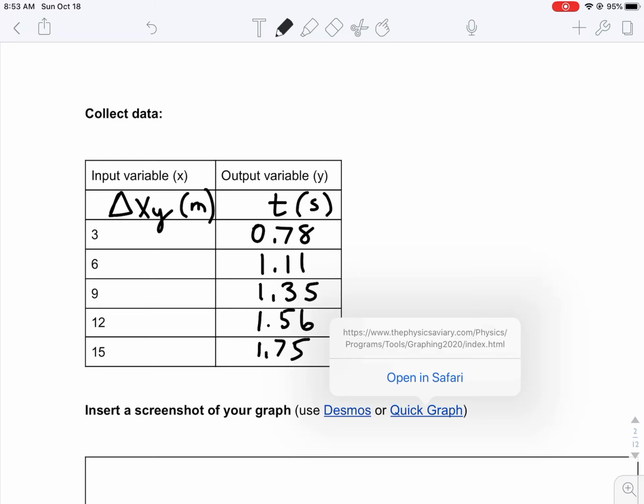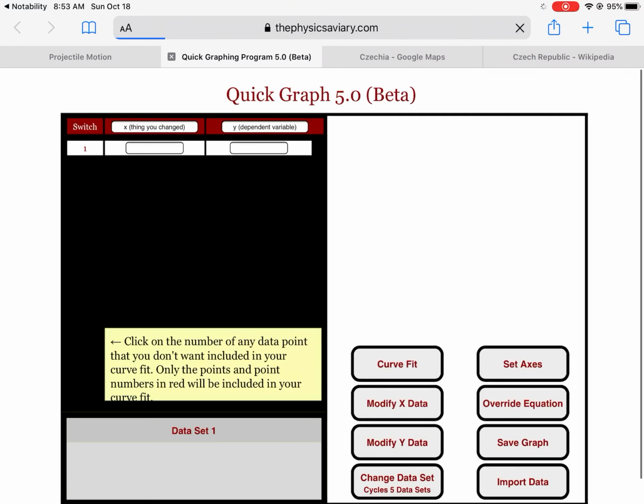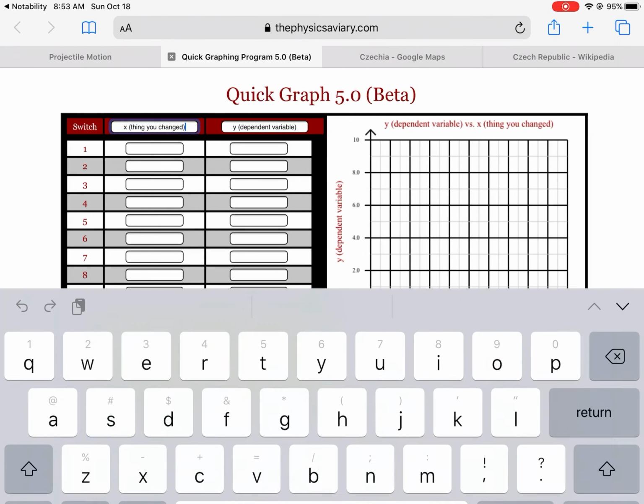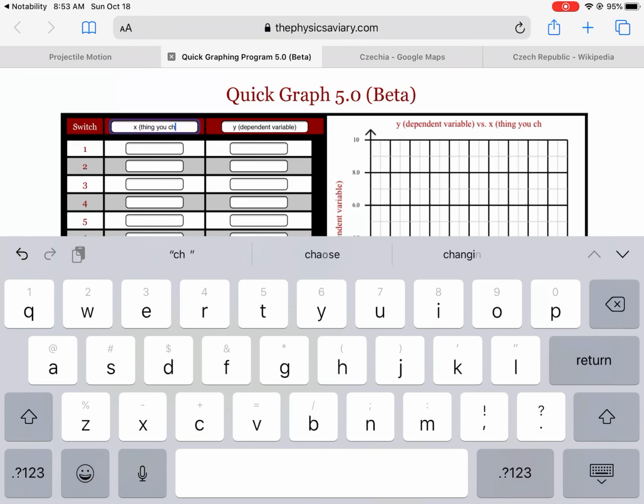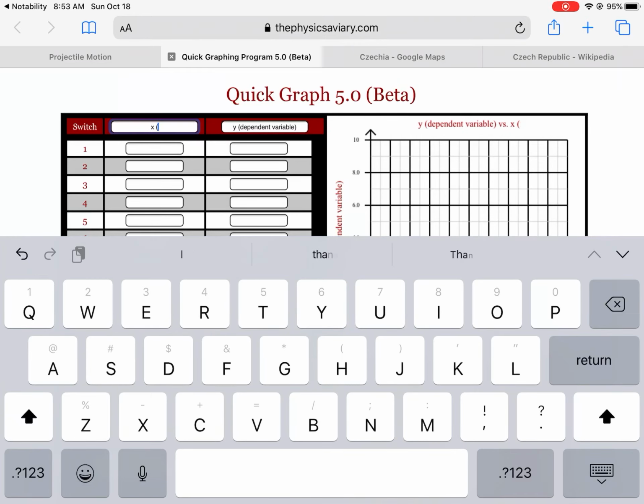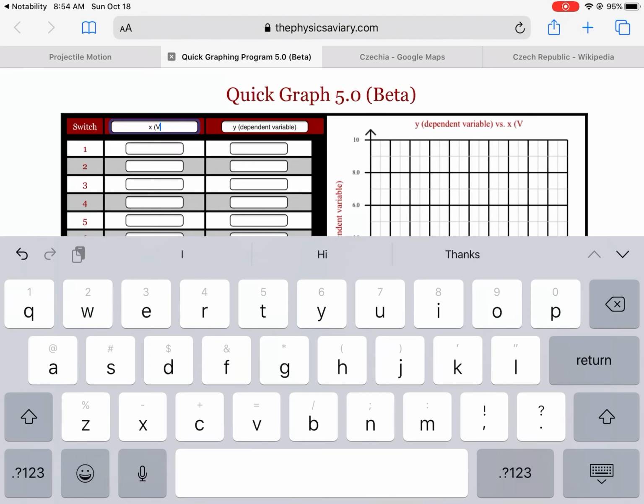0.78, 1.11. Make sure you title your graph. Our X, our input was vertical displacement. Or you could say the height of the tower.